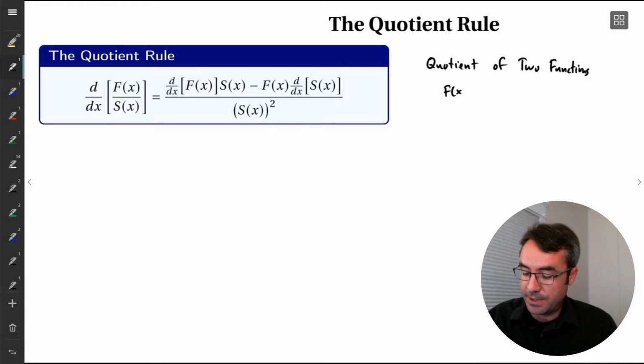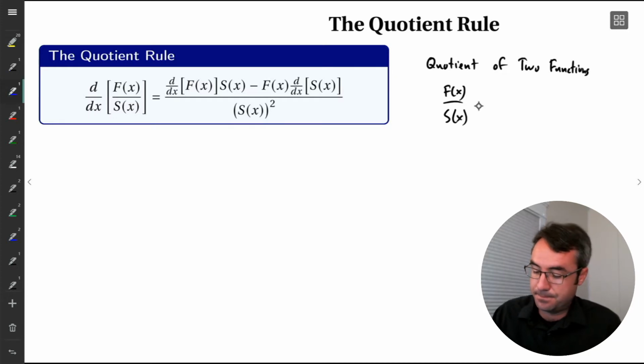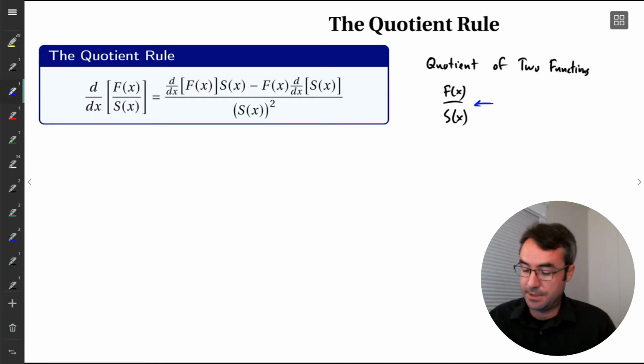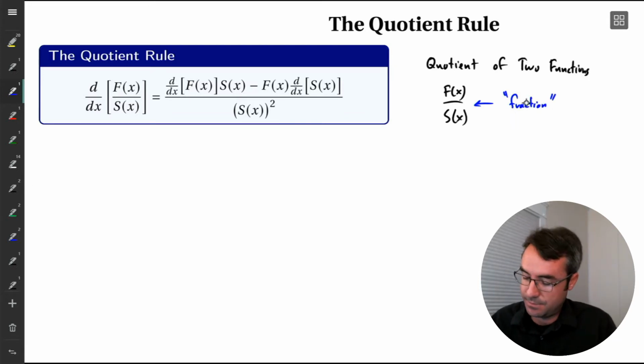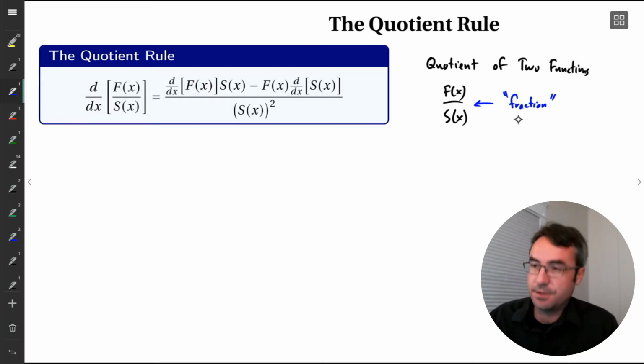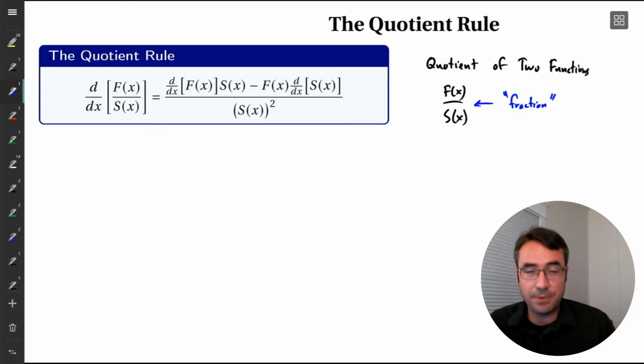Normally it's when we see a fraction, when we see division. A lot of times it's going to be necessary if we have a fraction to use the quotient rule, but there are cases where it's not necessary, and we'll look at those too.